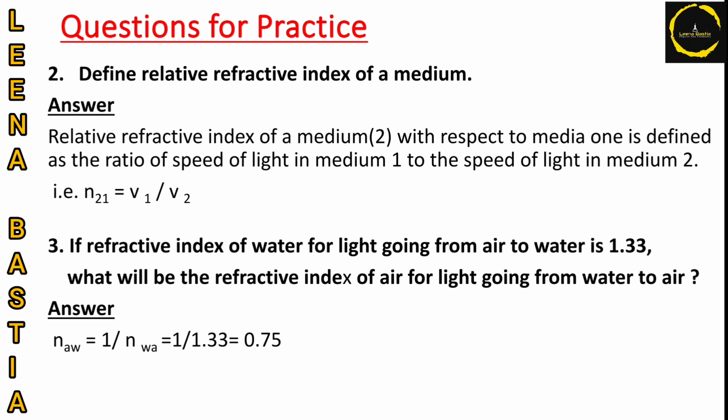Now the next question: if the refractive index of water for light going from air to water is 1.33, what will be the refractive index of air for light going from water to air? Okay, it is just the alternate one, I mean the reciprocal one. So if the refractive index of medium, say water with respect to air, is n_aw, it means 1 by the refractive index of air with respect to water.